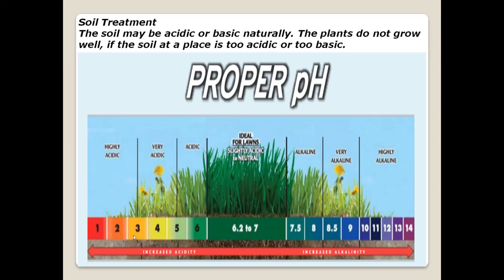So pH plays a very important role in indicating whether the soil is acidic or basic in nature.